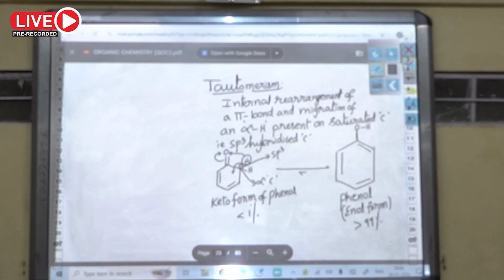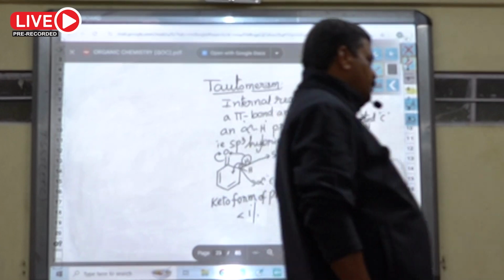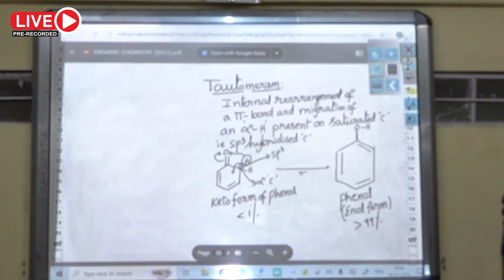Write the next point in the same heading. Write the tautomers of acetone.